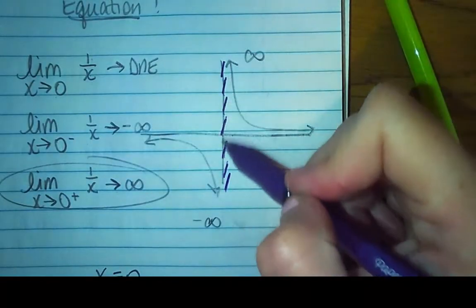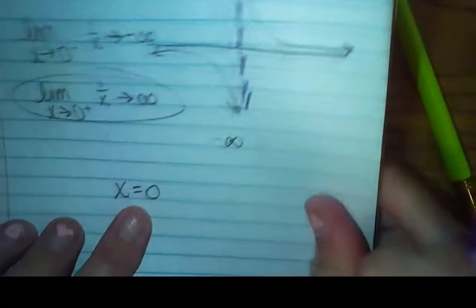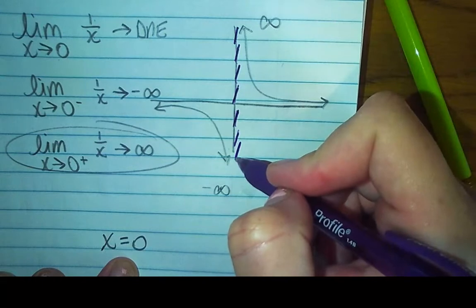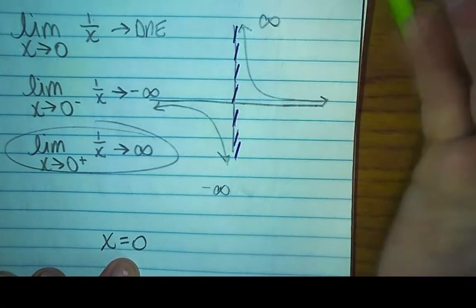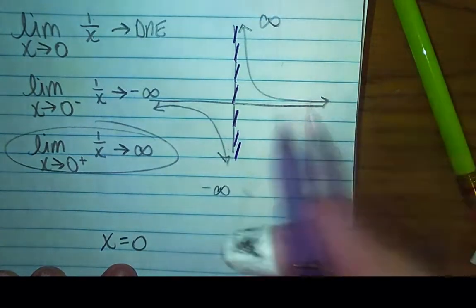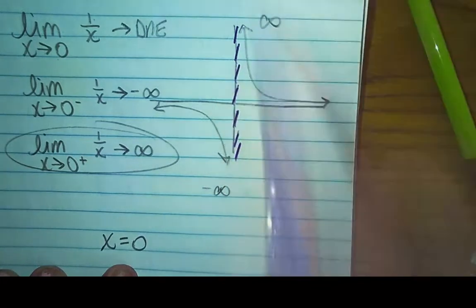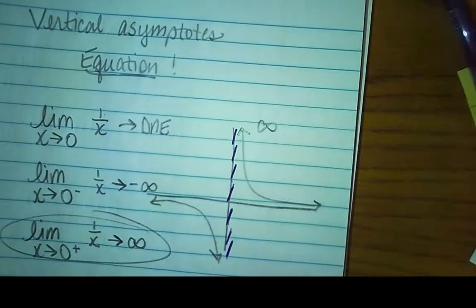So you've got a vertical asymptote as this slices through the x-axis at 0, okay? It's dashed because it's an imaginary line. It's not part of the graph, but you need to know it's like an imaginary line that's saying this thing will never cross that line, and going this way, it will never cross the line.